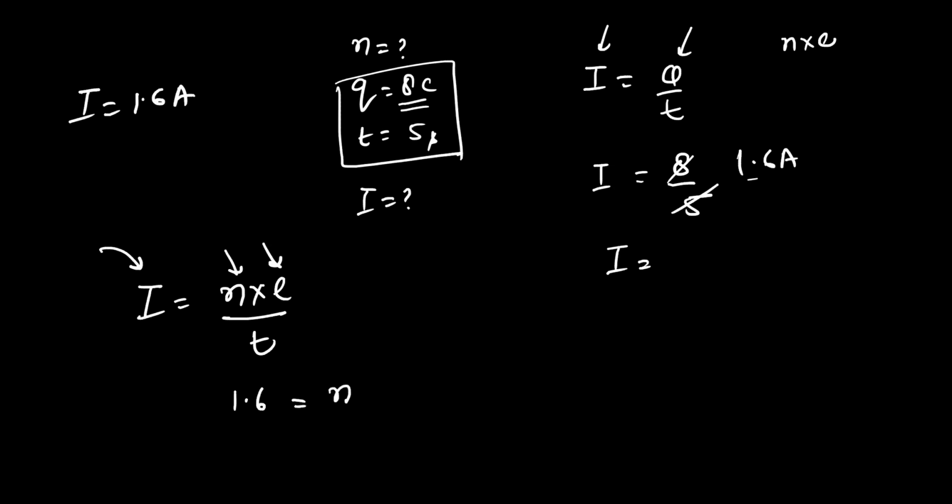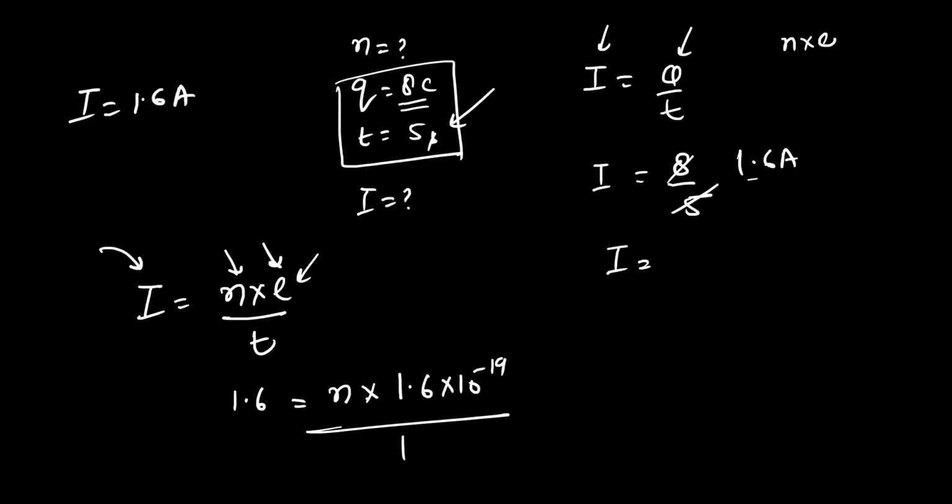Number of electrons you need to calculate, n, into the charge E. What was the value of E? 1.6 into 10 to the power minus 19, upon, per second. It is not given any time, so don't write 5 here, because 5 was given for the charge. You're asking per second, so write 1 only. Number of electrons passing per second, so you write 1 second.